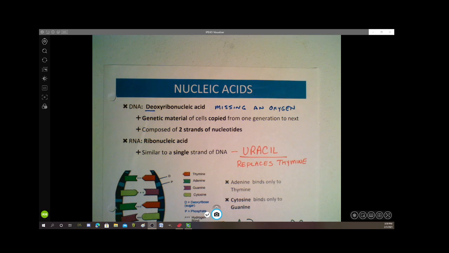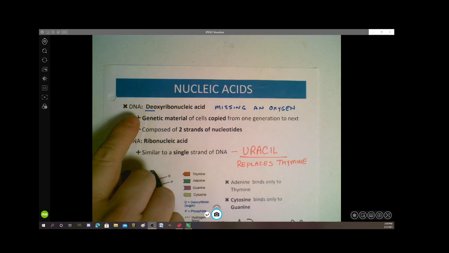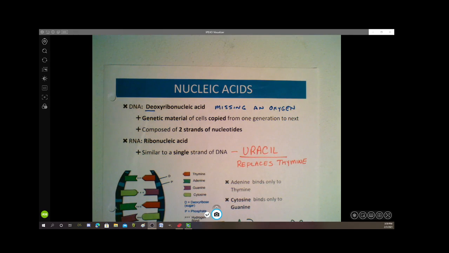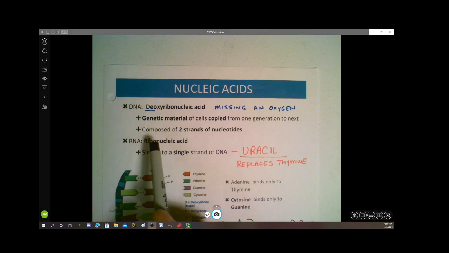But just to give you an overview, up here on the top it says DNA is deoxyribonucleic acid and RNA is ribonucleic acid. The difference between the two is the sugar. If you notice, there is a sugar in the name. Ribose is a sugar.